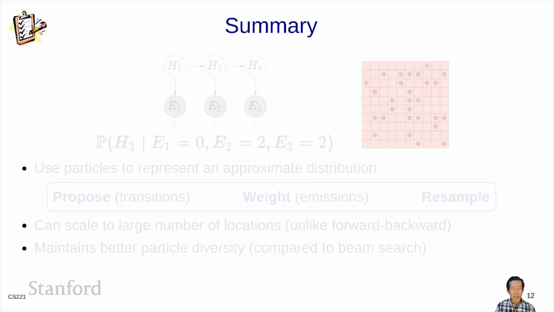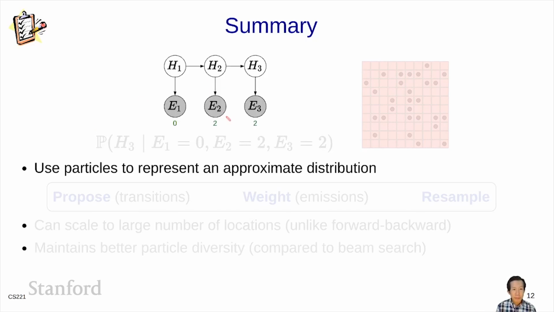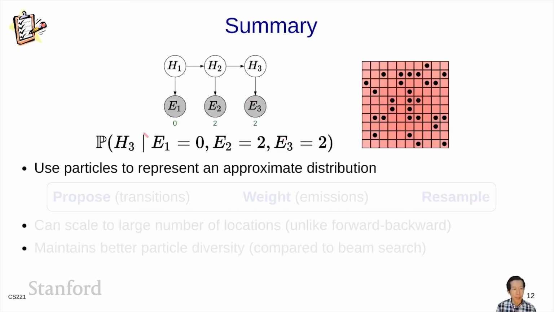Okay, so in summary, we've presented the particle filtering algorithm, which allows us to answer filtering questions of the following kind: where is this object at a particular time step given the evidence so far? The key idea is using particles to represent this approximate distribution. Remember, particle filtering has 3 steps, which are used to advance the set of particles.